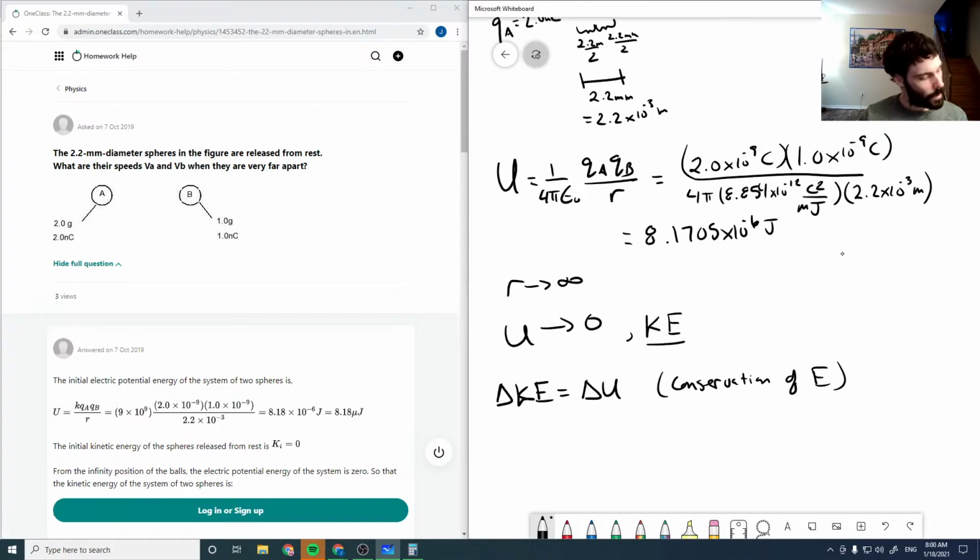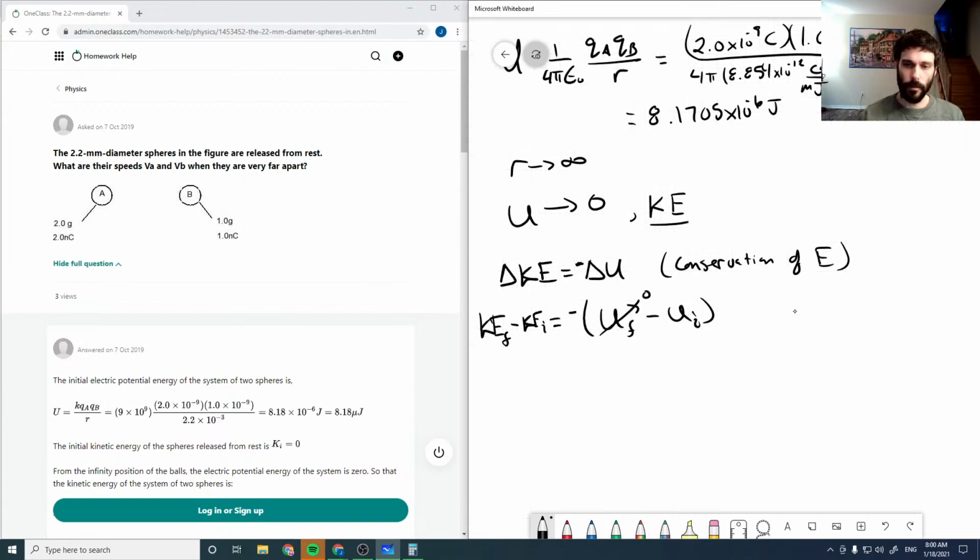Our initial kinetic energy was 0, so KEF minus KEI is equal to minus (UF minus UI). Our UF is 0. And so our final kinetic energy is just our initial potential energy, which is this 8.1705 times 10 to the minus 6 joules.